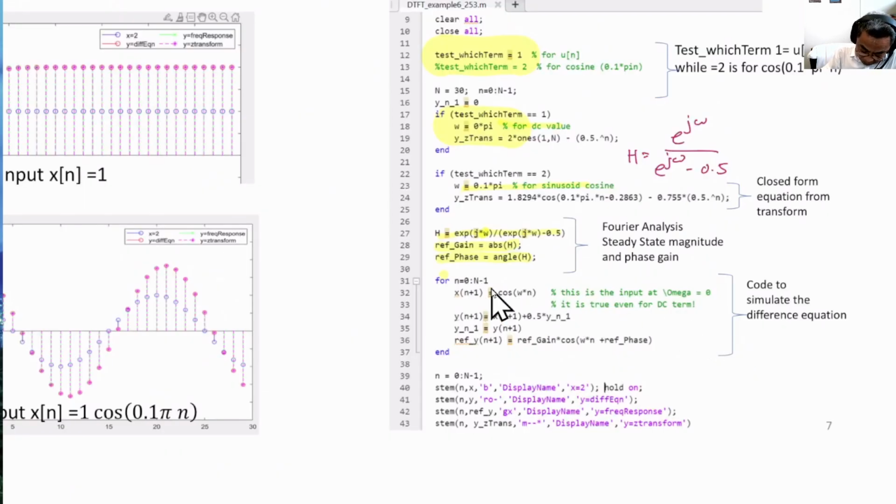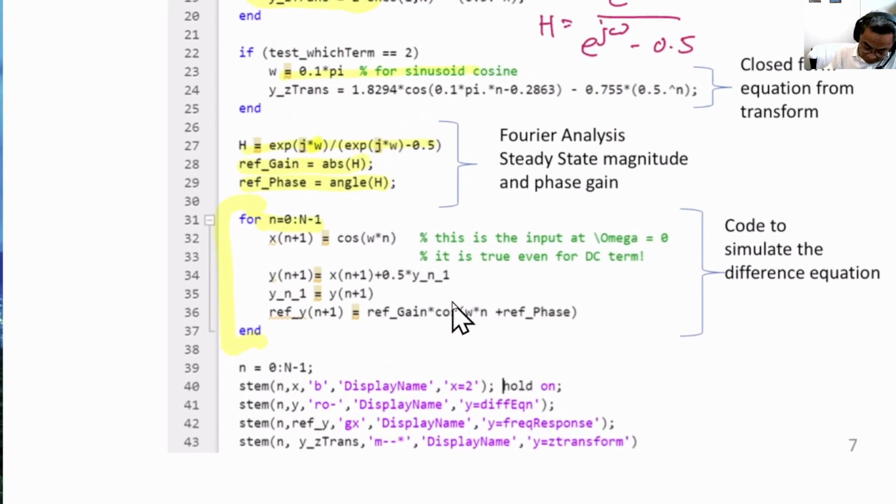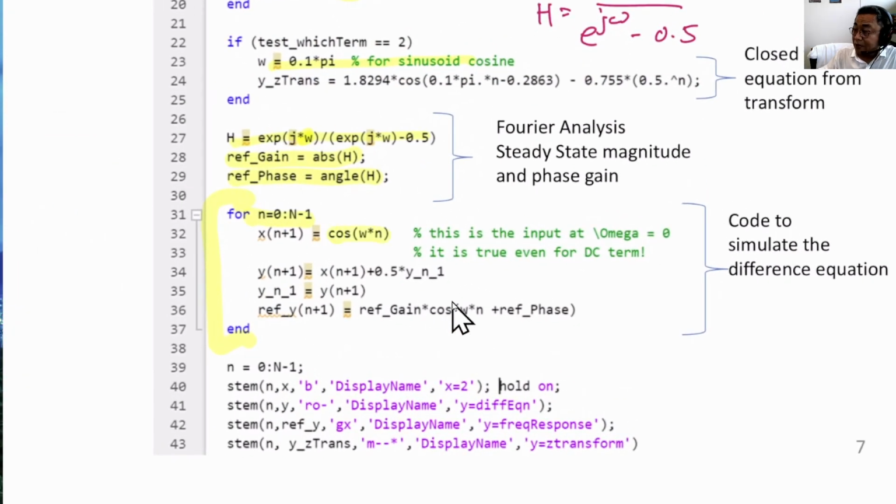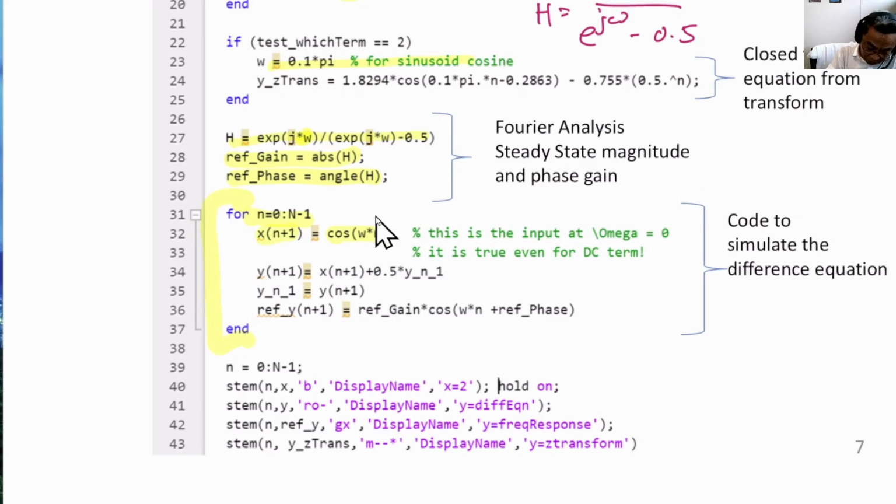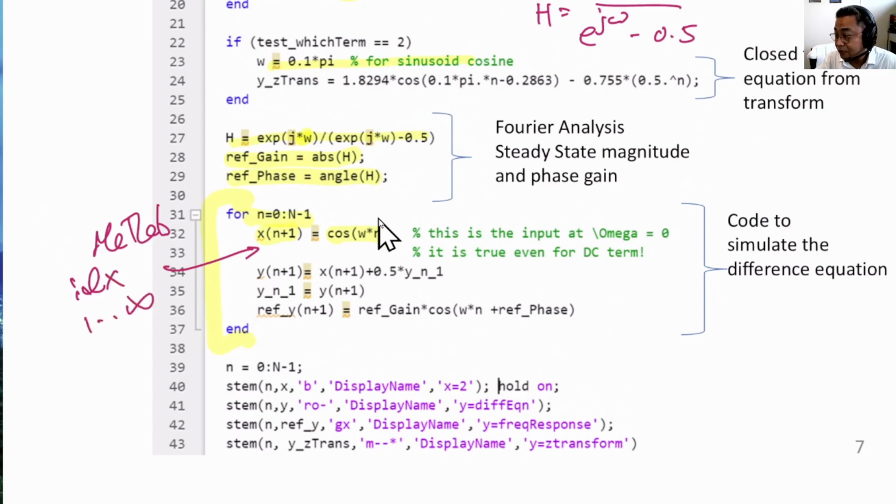Now, what about the difference equation? This is the for loop. I use 30 samples, and I'm going to calculate the cosine for different n. Now, you must be wondering, why am I saving it as x of n plus 1? The reason is that MATLAB, unfortunately, indexes from 1 to infinity, so it cannot have x of 0.